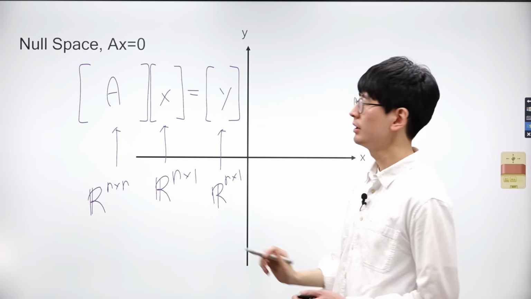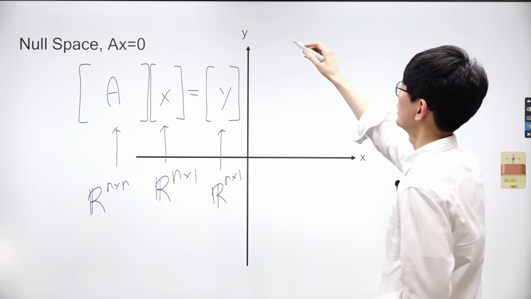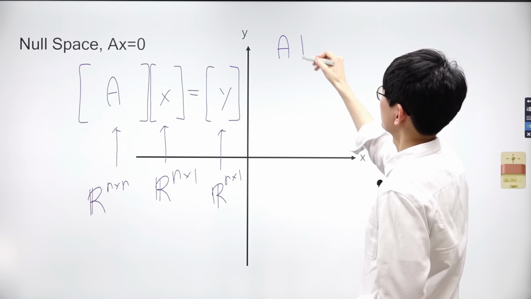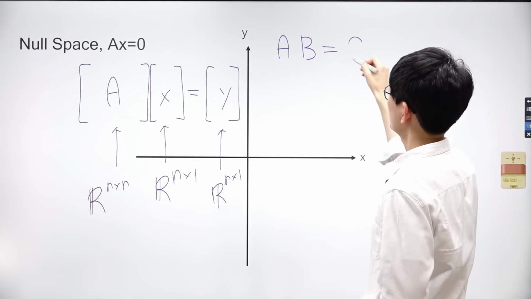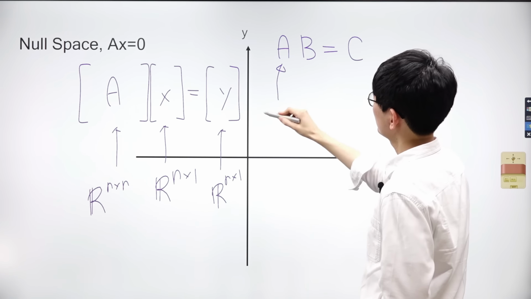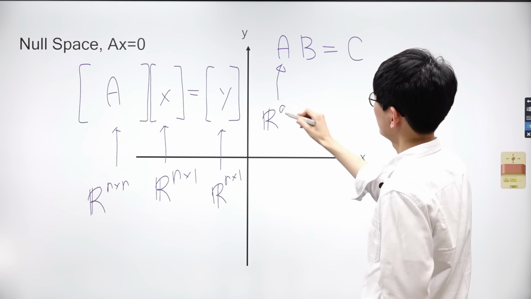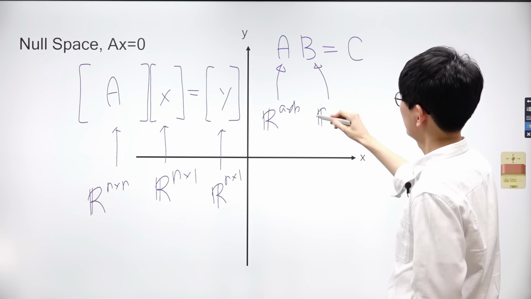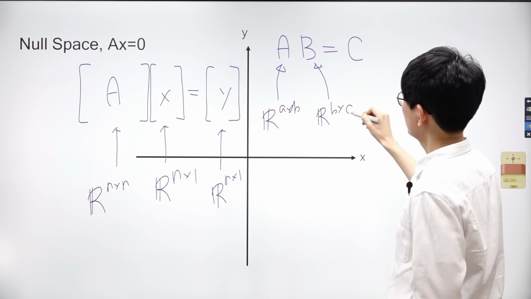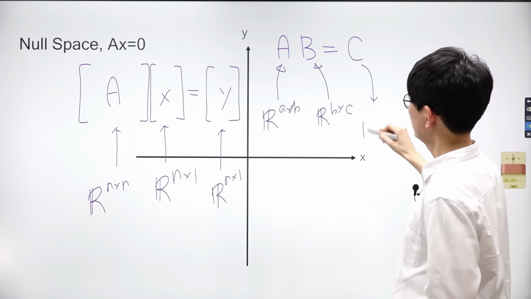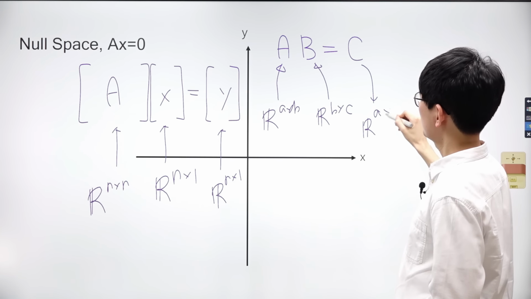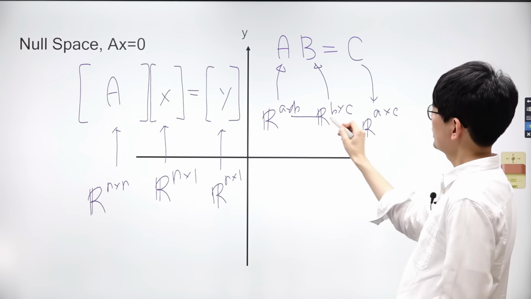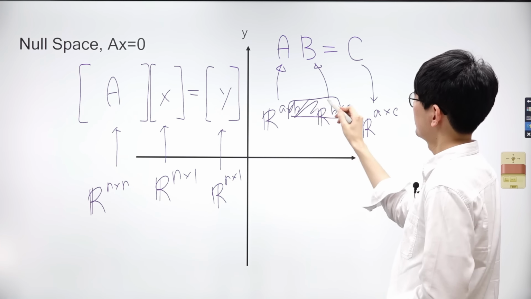When we multiply two matrices A and B, where A is an a by b matrix and B is a b by c matrix, the resulting matrix C will be an a by c matrix. So the b's between a and c will vanish.